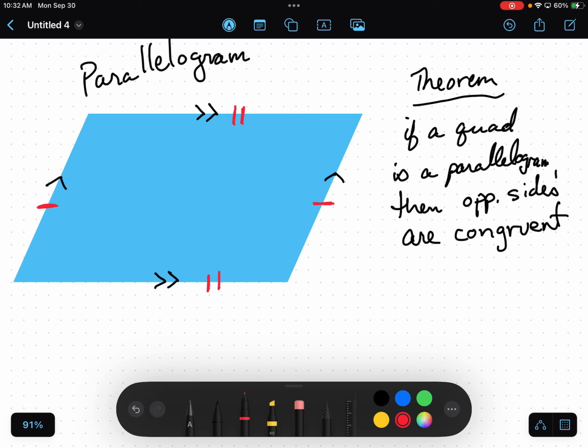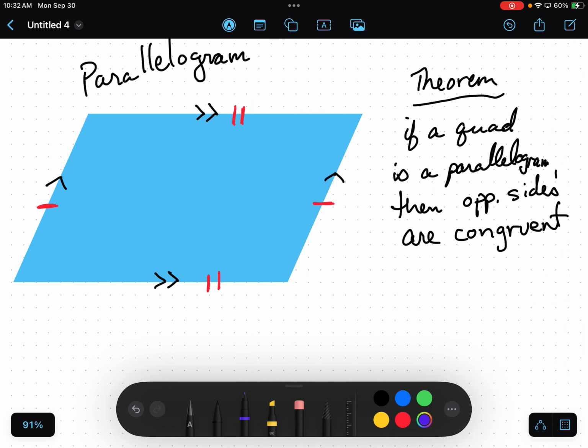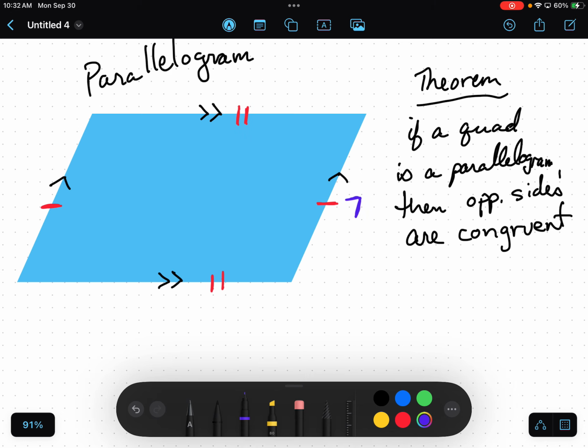Okay? Is everybody okay with that? So let's say if I make a problem out of this, if I say that this side is 7, how big would the other side be? 7. And then this side was 15, how big would the bottom side be? 15. That's what that means. So if I know that it's a parallelogram, then the opposite sides are going to be congruent. That just means they're the same size. Does that make sense?